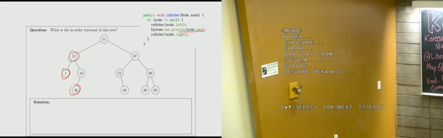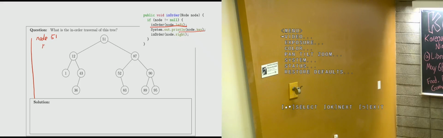But what I really wanted you to think about is writing down something like this. Okay, follow me. This is like a line, right? And this is node 51. And I do in-order on node 51. And I didn't print anything out. And then I step to the left, because I have in-order on the left from that, right?